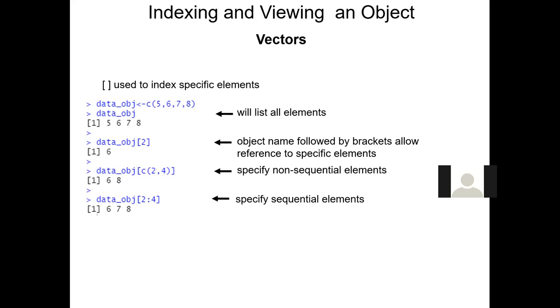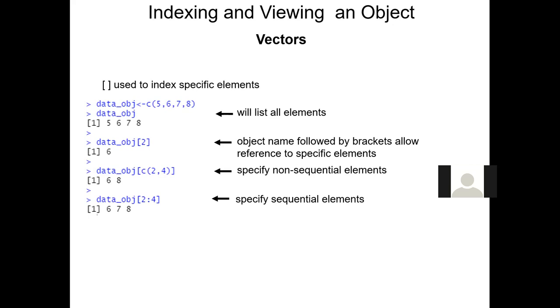And so what that does is create this string of numbers that goes from 2, 3, and 4. And you'll see in the example here, you get the numbers 6, 7, and 8 come out.